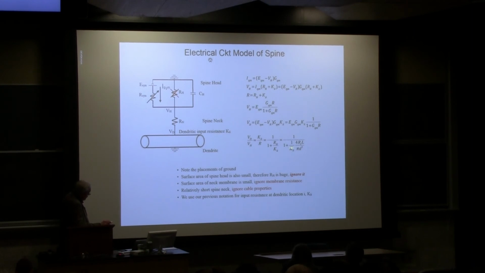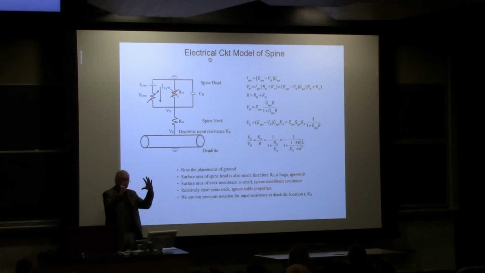And then if we define the resistance of the spine neck as being governed by the diameter of the neck and the length of that tube and the core resistance of that tube, it's like thinking of the spine neck as a single little compartment. We can write that resistance in terms of the length of the spine neck.